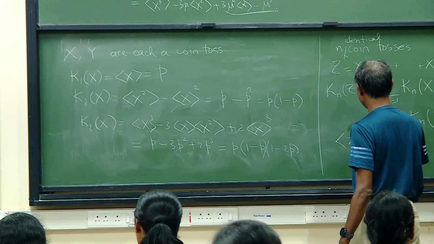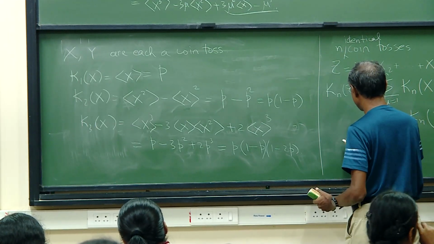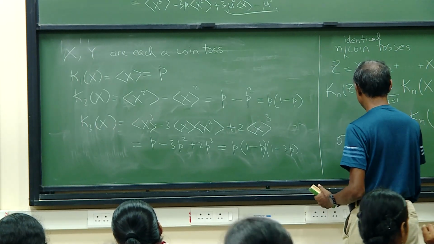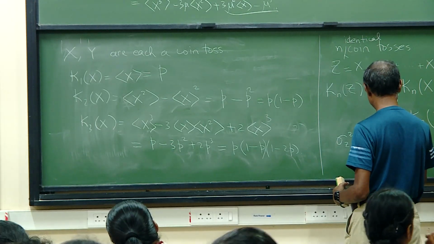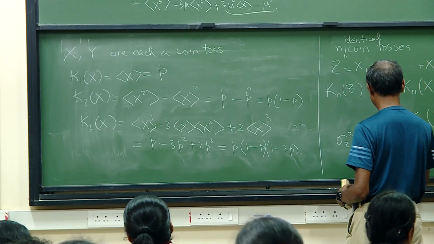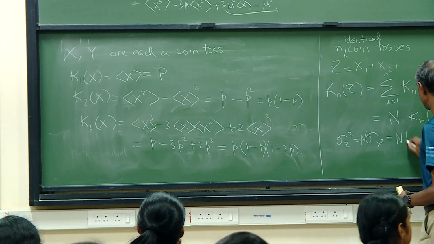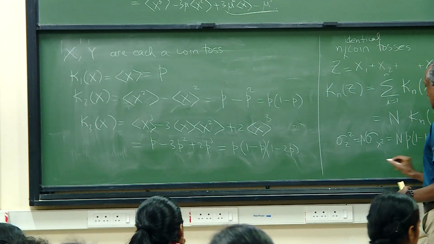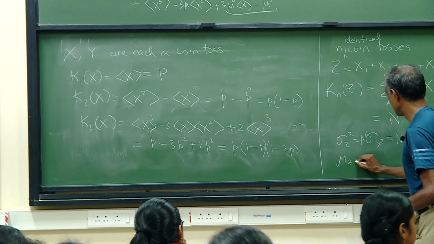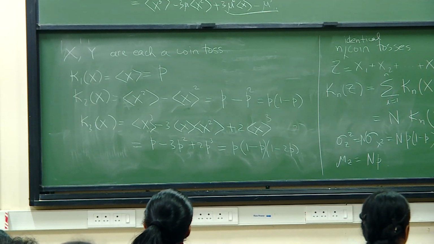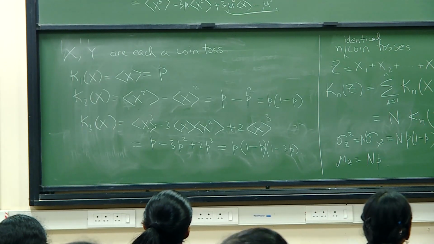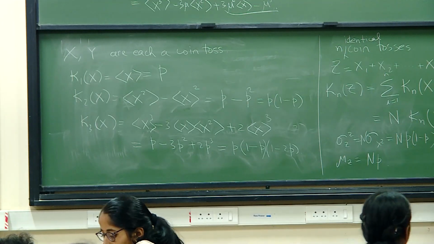Now you can turn this around. Let's look at kappa 2, which is the variance, sigma of z square, and variance was the formulae that you know: npq, in books they write 1 minus p as q.